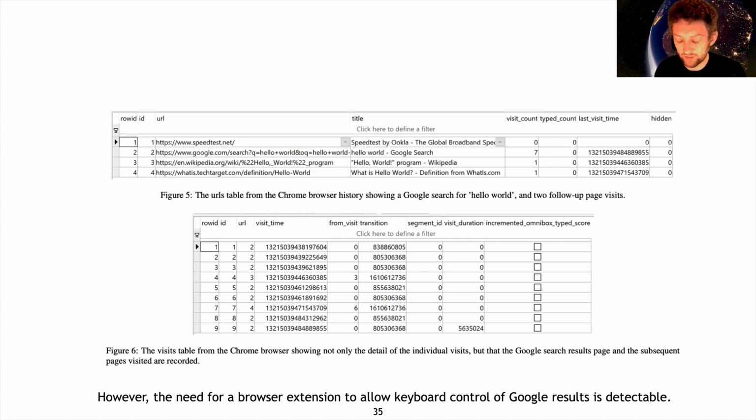So if you just try and do things with the keyboard and the mouse, you can pretty well align the resulting artifacts between the automated process and a real user.